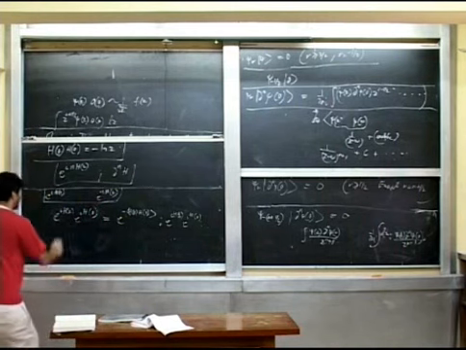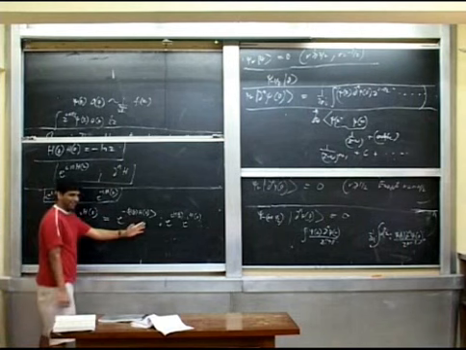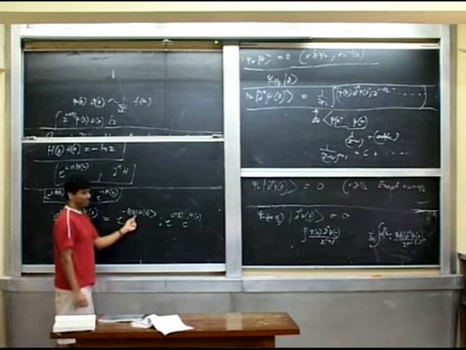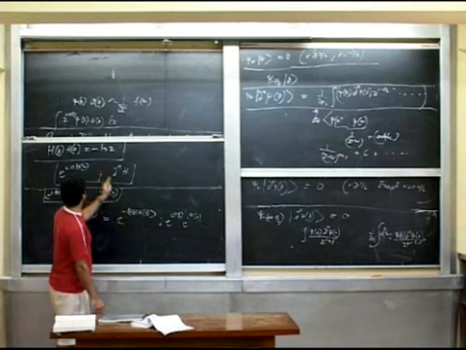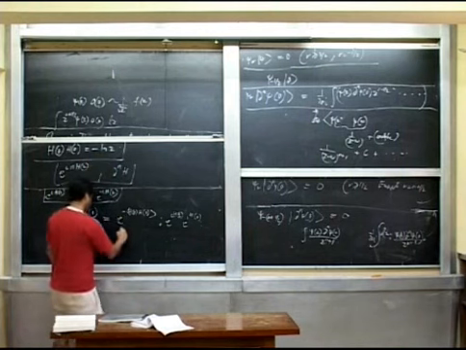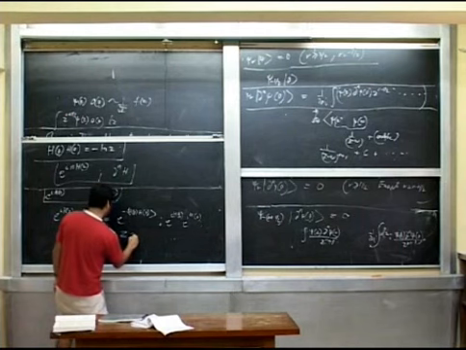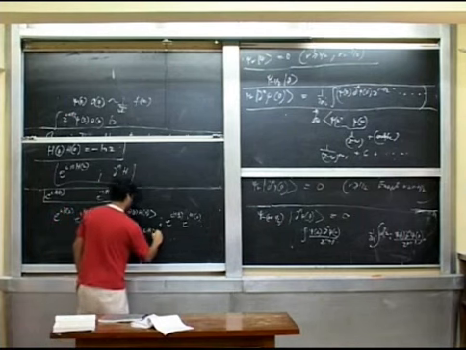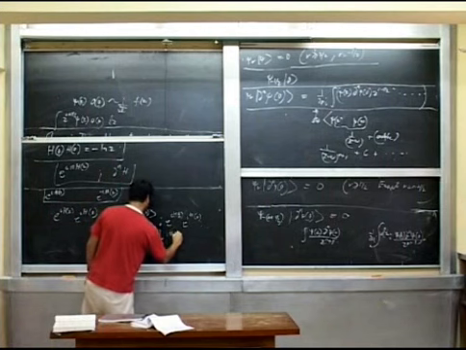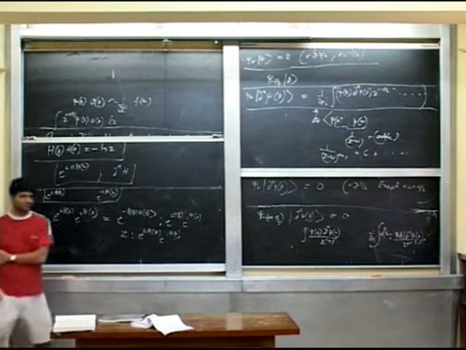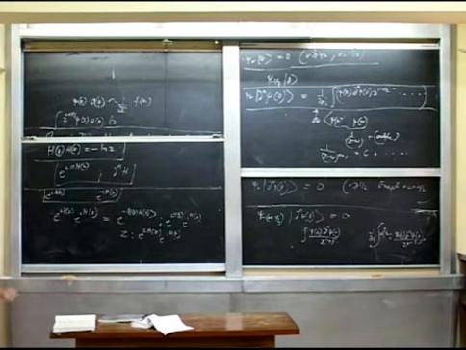Okay, the normalization is correct. So now let's work this out. This thing here was minus log z. So this gives us z times the normal ordered operator.